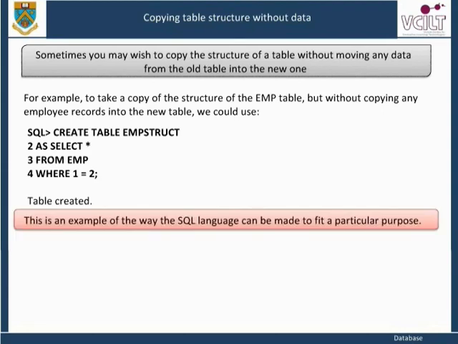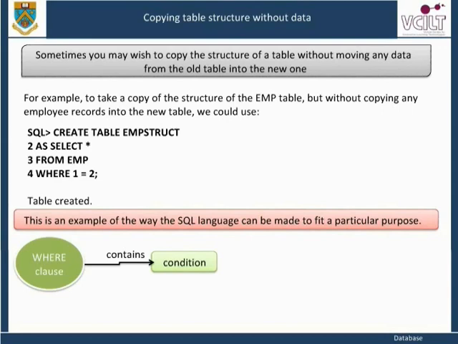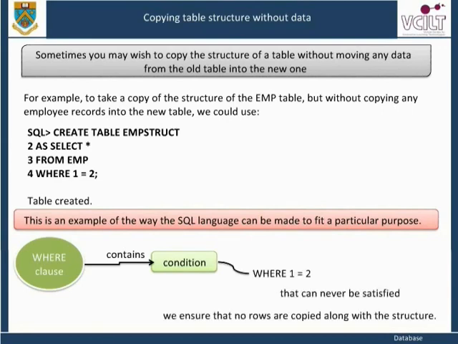This is an example of the way the SQL language can be made to fit a particular purpose. We wish in this example to copy the structure of a table, but ensure no rows are selected from it. By supplying a where clause, which contains a condition, namely, where 1 equals 2, that can never be satisfied, we ensure that no rows are copied along with the structure.